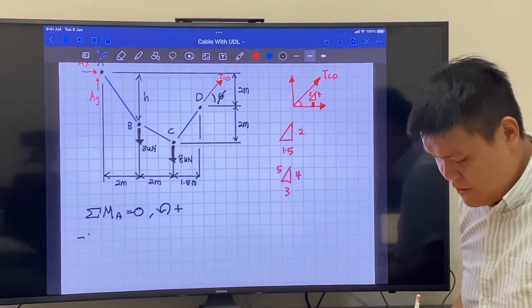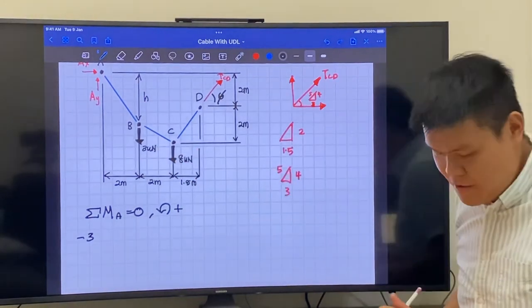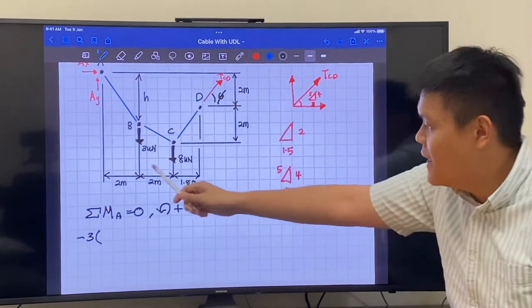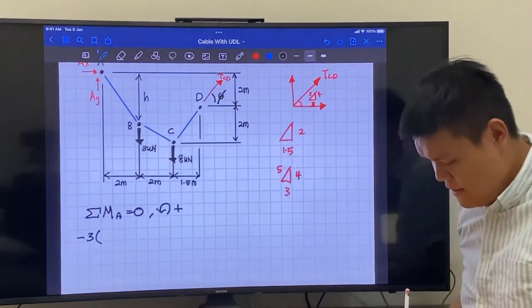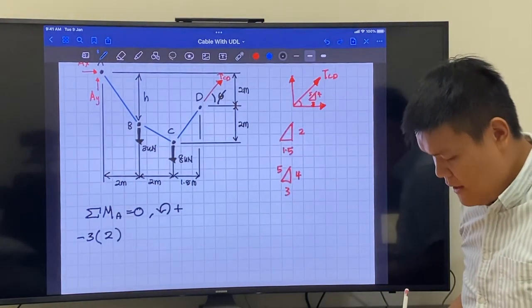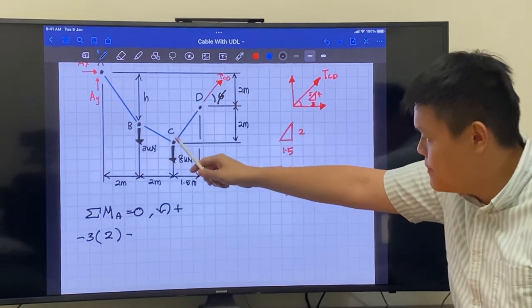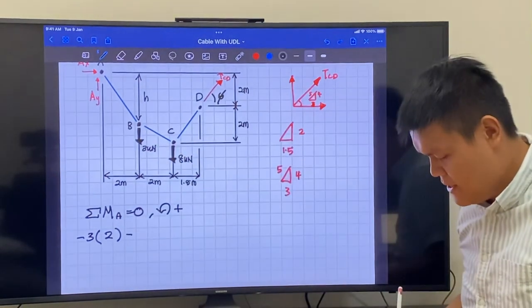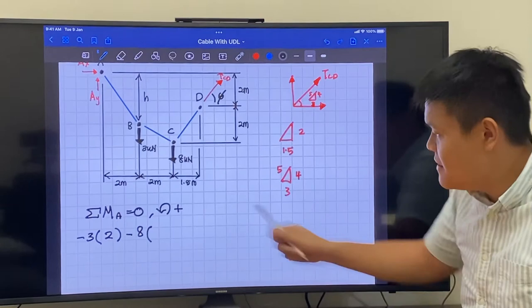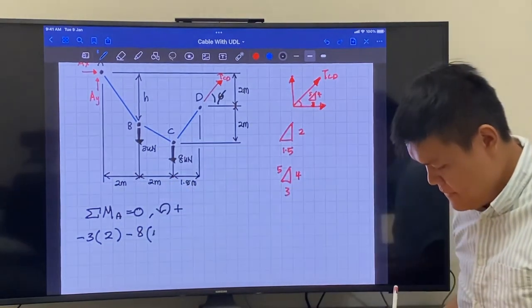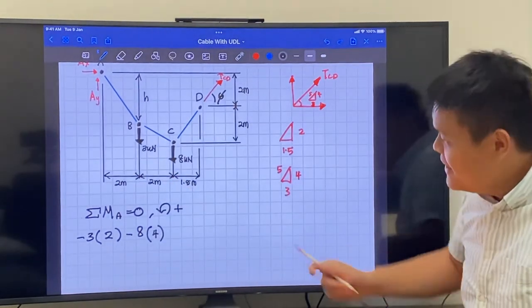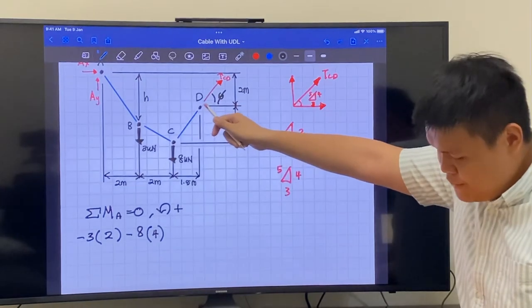So negative 3, which is 3 kilonewtons for B, multiplied by this distance here, which is 2. Then we have C, which also acts in the same direction as B, so that's -8, and the distance is 4. So far so good, right? Okay, now we go on to D.